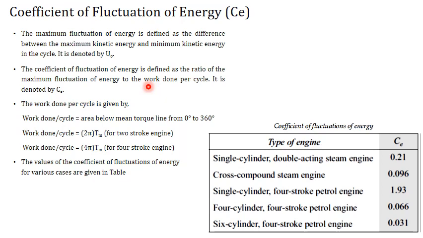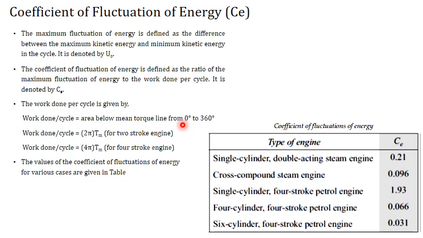For any application, we can find out the work done per cycle as the area under the mean torque line from 0 to 360 degrees of the cycle.